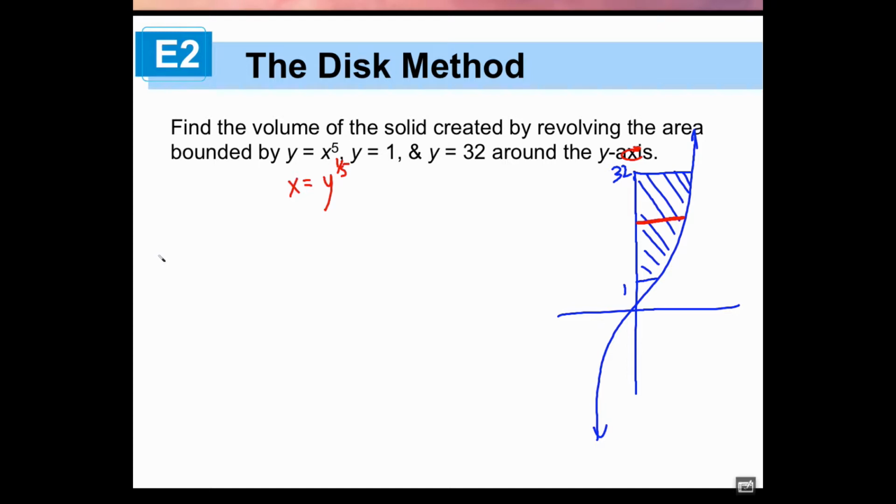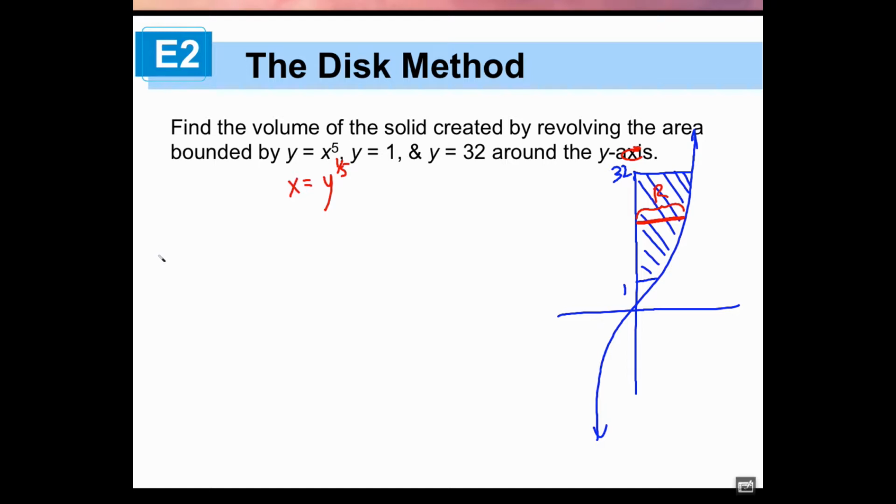Is the rectangle touching the axis of revolution? Yes. Is it perpendicular to the axis of revolution? Yes. Good. What's r? There it is graphically. But what's the expression for the height of that rectangle?